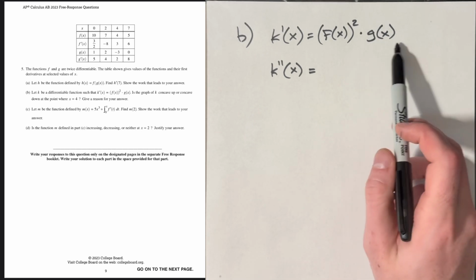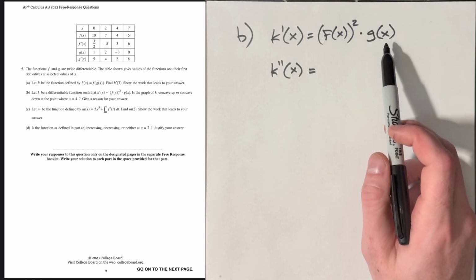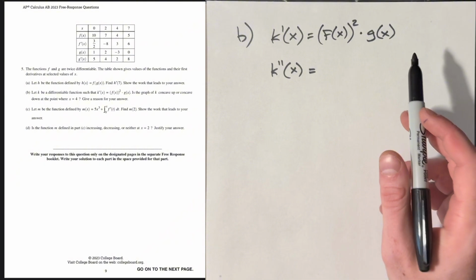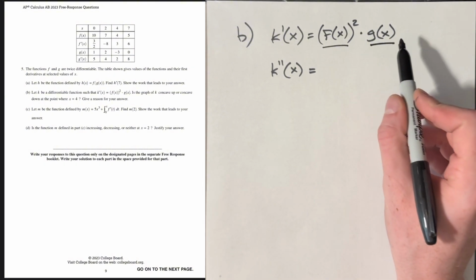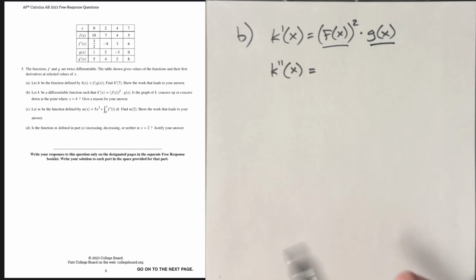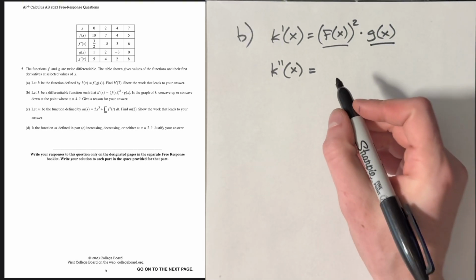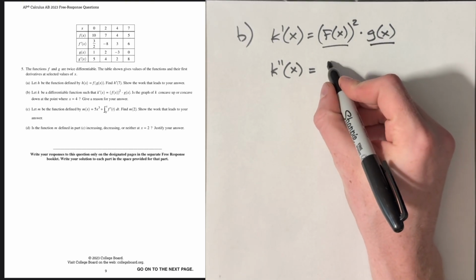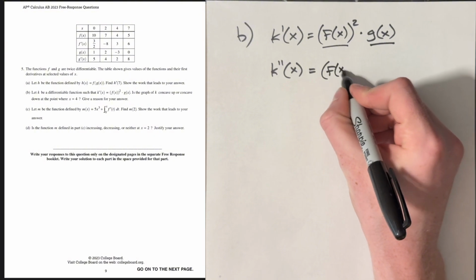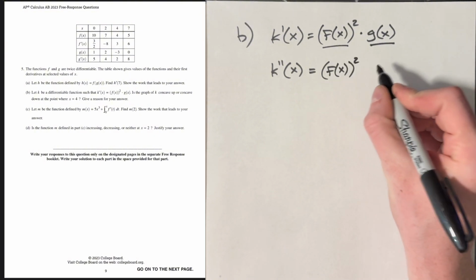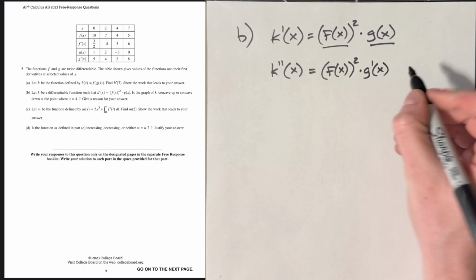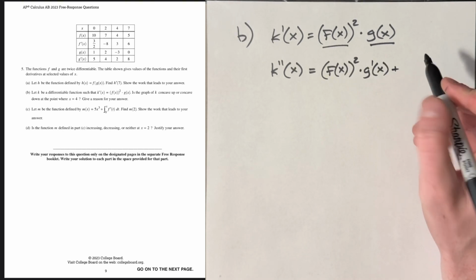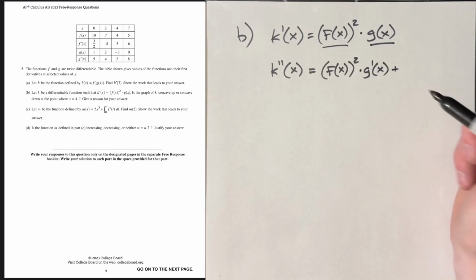But we also have it being multiplied by this other function. So to start out, we are going to do product rule because the first step is these two functions being multiplied together. So I take my first function and multiply it by the derivative of the second function. And then I will add the derivative of the first function.